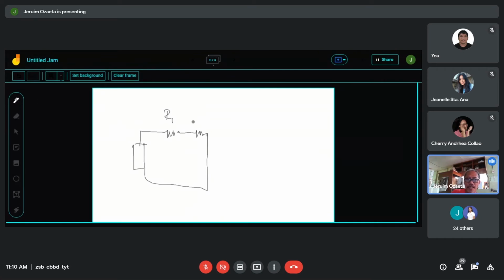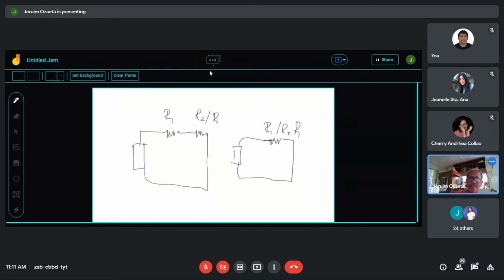So this is now a combination of your R2 and R3. Finally, you can combine the circuits such that the resistor will be only one. So R1, R2, and R3 are combined into only one resistor.